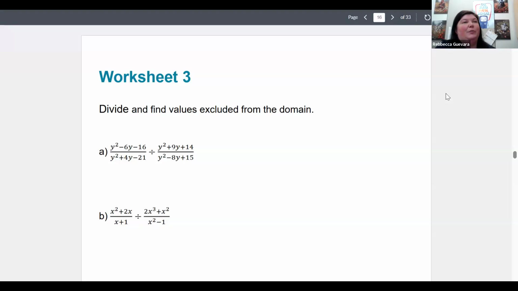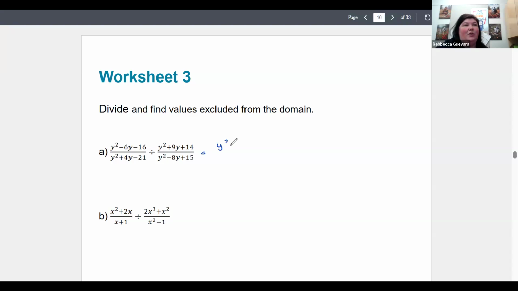All right, so worksheet number 3. Once again, I try to divide these and also figure out what values are excluded from the domain. So remember, keep, change, flip, and everything is the same as multiplication. So what we have here, like I said, we want to do keep, change, flip.